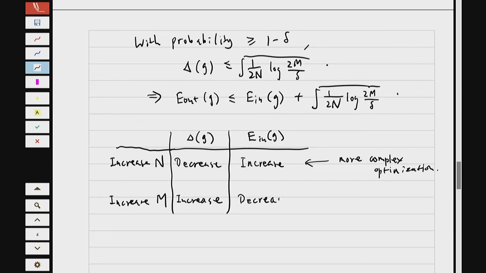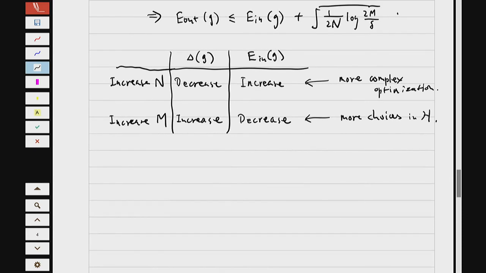Again, there's a trade-off in terms of M. Number of hypotheses, right? We have H1, H2, all the way to HM, the number of hypotheses in the hypothesis set. So this is because there are more choices in the hypothesis set H to choose from. Everyone okay so far? So we have this kind of trade-off.